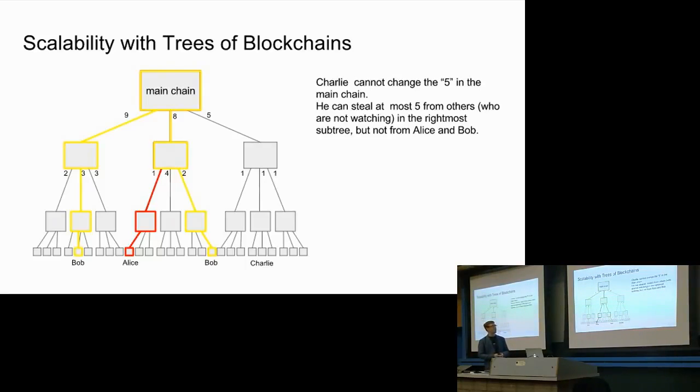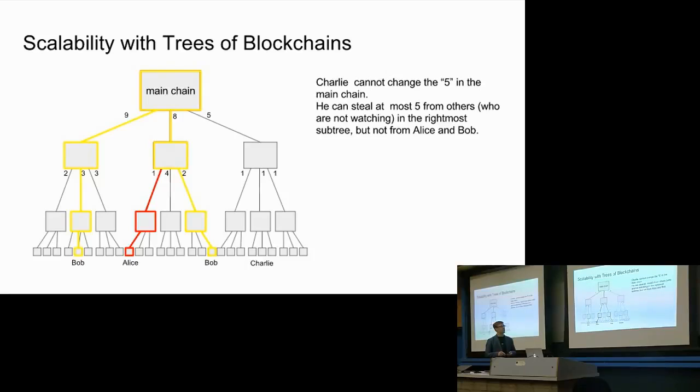But that's also something you have to realize. Regardless of how you implement this mechanism, if Charlie controls these chains here, then he is able to steal these 5 tokens from all the other persons, because we assume that only the main chain is secure.